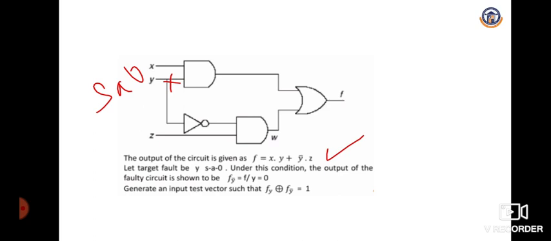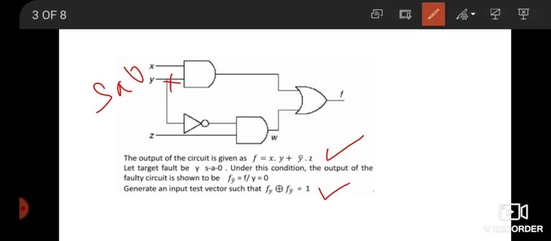Already we discussed that based on the XOR concept only we are able to find the test vector. That means Fy, the fault free circuit output, XOR the faulty output value. Compare with an XOR gate; if it produces 1, we are able to find a test vector.